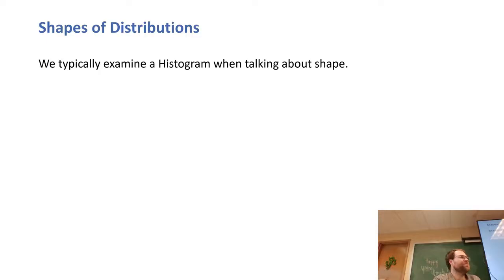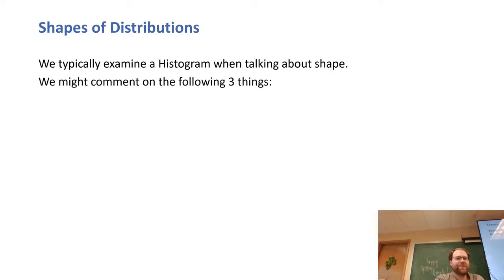Okay, the shape of a distribution is just as important. Histograms are usually what we look at for shapes. And there's a couple of things we look at. So the number of modes, which would be the number of peaks. So think something like this.